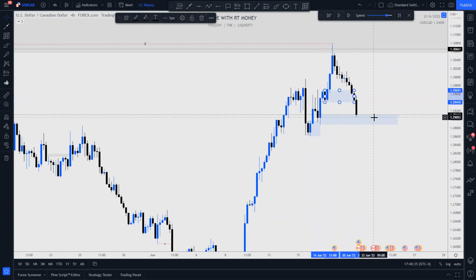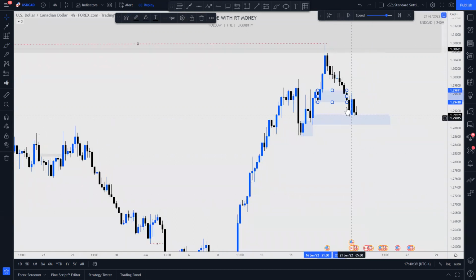We'll see how it ends up. See how it came up, came back down. We're going into this little bit of consolidation, and you have to expect that because that's what happened over here. So on this level, I am looking for a little pullback above or to the middle of this zone.